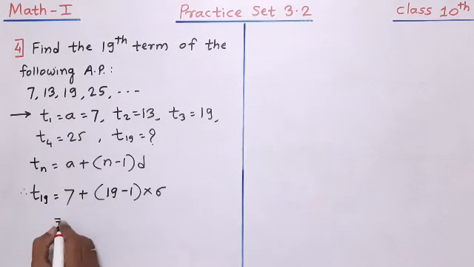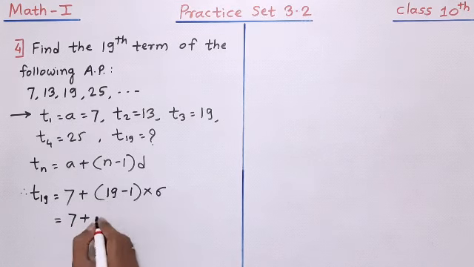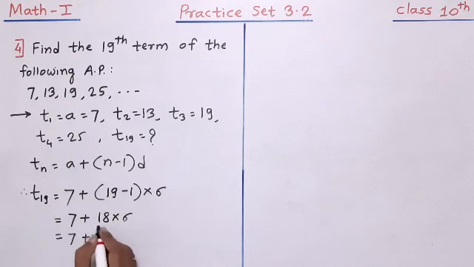Now let us solve this right hand side. 7 plus (19 minus 1), 18, into 6. Now first we will do the multiplication and then the addition. 7 will be as it is, and 18 times 6 is 108.